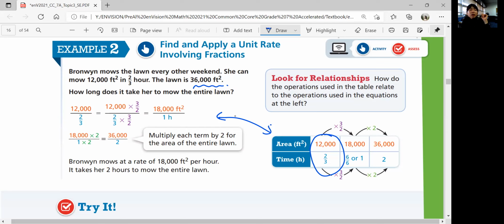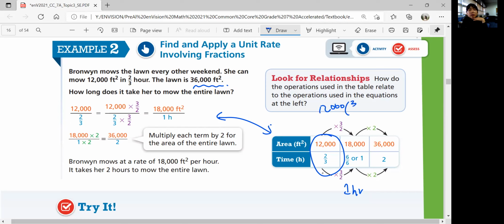If you want to see how much area she would cover in 1 hour, you would multiply 3/2, which is the reciprocal of 2/3. Okay, and then you get an hour. So that means you multiply 12,000 by 1.5 or 3/2 as well.